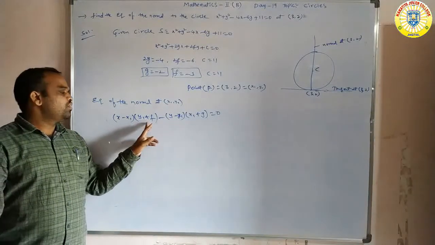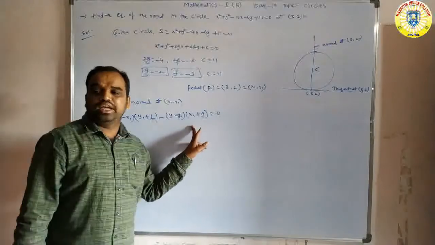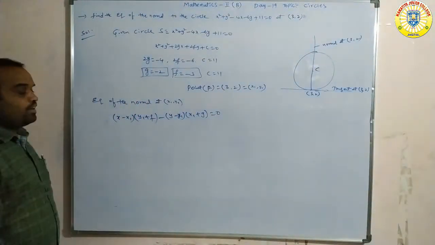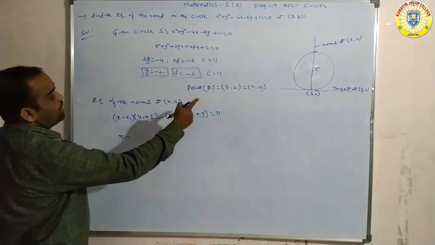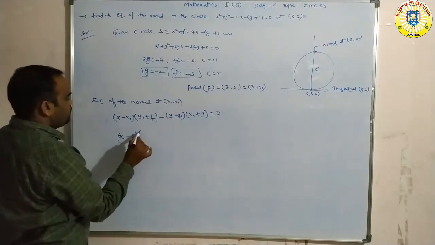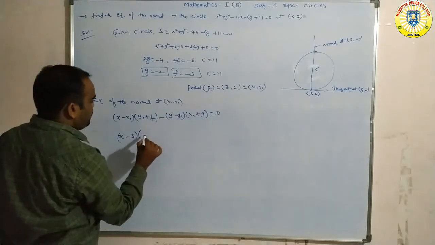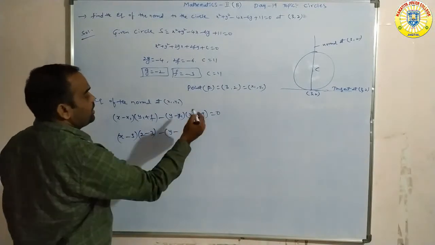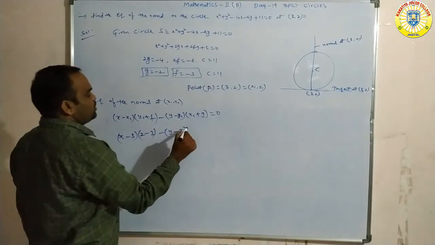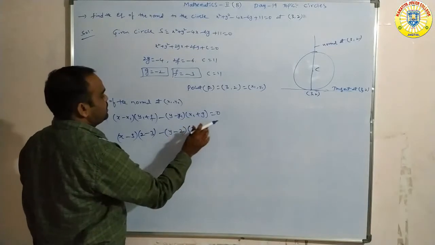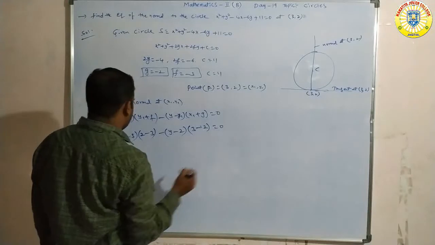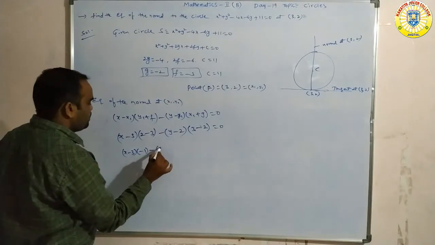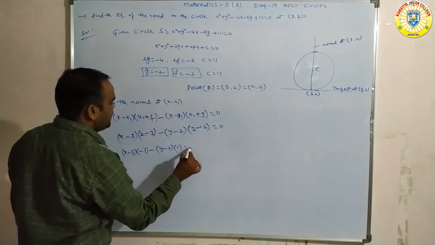Now we substitute the values. x1 is 3, so x2 minus 3, into y1 plus f, where y1 is 2 and f is minus 3, so 2 minus 3 is minus 1. Then minus (y minus y1), where y1 is 2, into x1 plus g, where x1 is 3 and g is minus 2, so 3 minus 2 is 1. So (x2 minus 3) into minus 1 minus (y minus 2) into 1 is equal to 0.